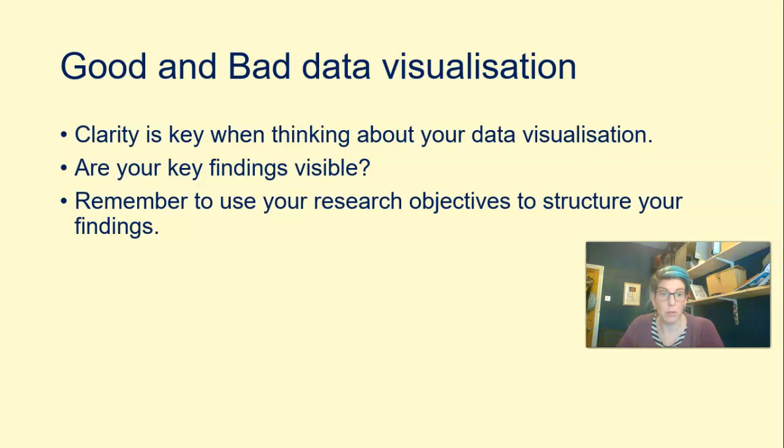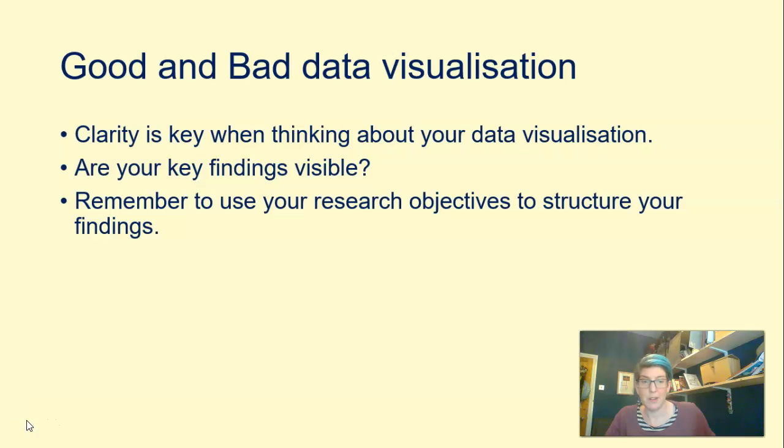What is most important in order to help you meet your research aims and objectives? Make sure that you use those research aims and objectives to structure the way that you present your findings, so that it's clear to the person reading it how you've completed that research journey back to the beginning, which is to return to the research aims.